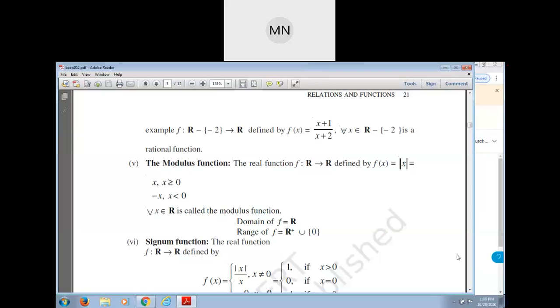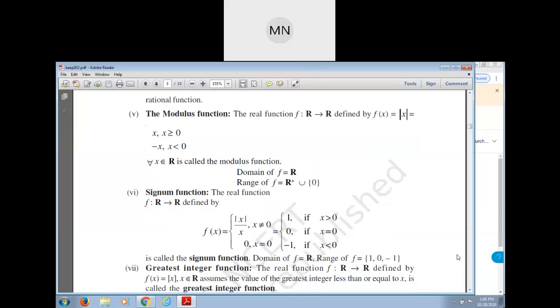Okay, and the next one is the signum function. The signum function is defined as f of x equals 1 when x is greater than 0. When x is positive, the value will be 1, and when x is 0, it will be 0. When x is negative, the value will be minus 1.